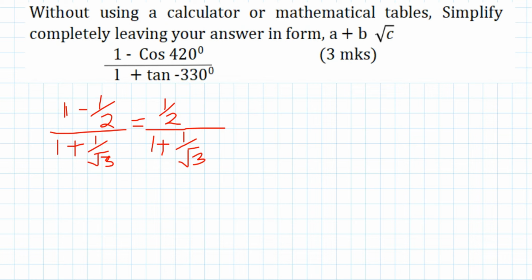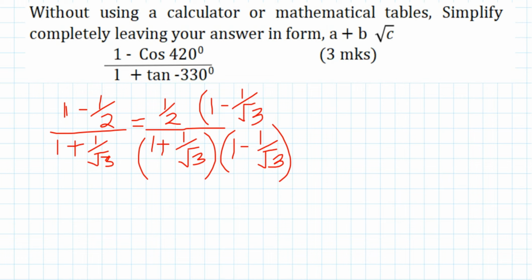So in order to simplify the surd, we multiply by the conjugate of the denominator. So we multiply here by 1, take away 1 all over the square root of 3. And whatever you do to the denominator, you also do it to the numerator. And so in this case now, you can simply just work out the numerator so that you have half, and then take away 1 all over 2 root 3.